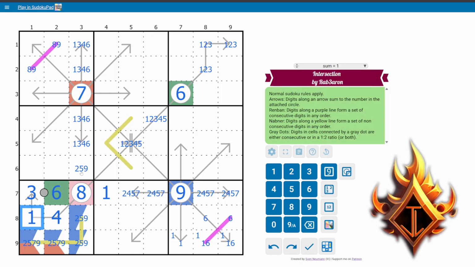This has to go with 1. But 4, 3 could still go there. 6, 1 could as well. 3, 4 could go there. 6, 1 could as well.